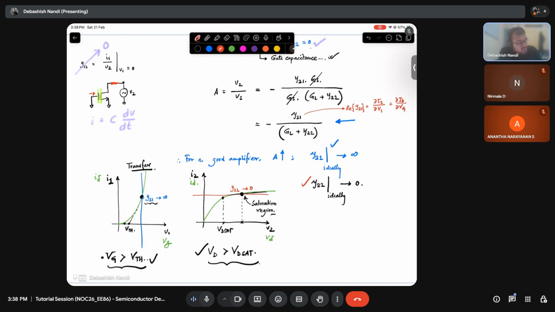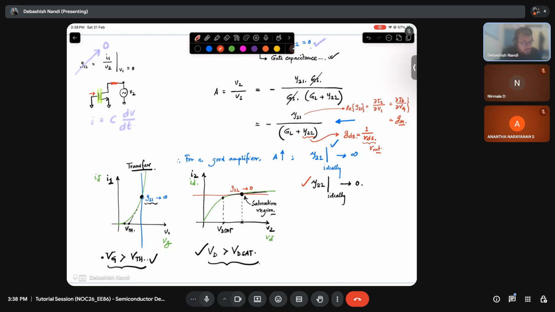So what do we call this component? This is my gm, right? Transconductance. And what about Y22? Y22 is my gds, or 1 over rds, right? Or you call it sometimes rout as well.